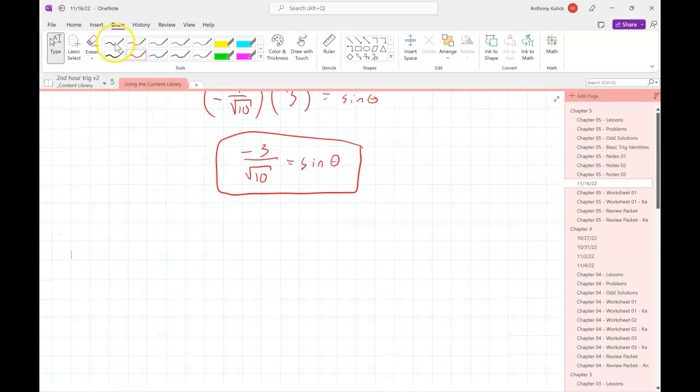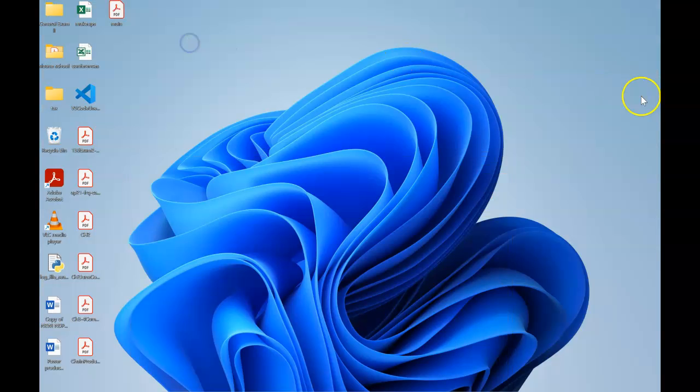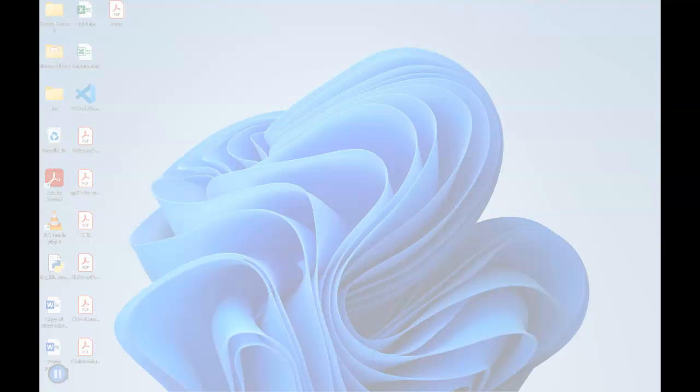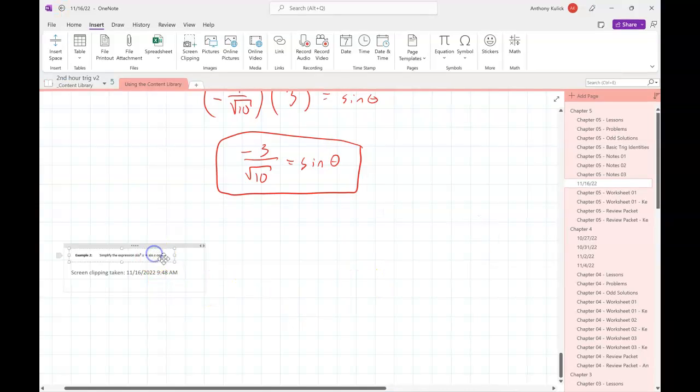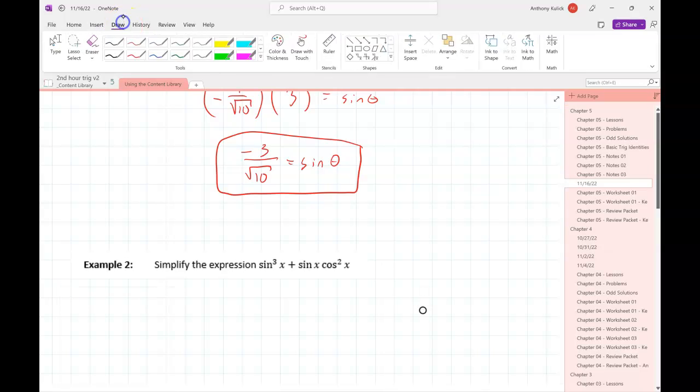So the other type of problem that you're going to be asked to do in the homework is simplifying an expression involving these trig functions. When we ask you to do a simplifying problem like this, there's two sets of tools that you can use.